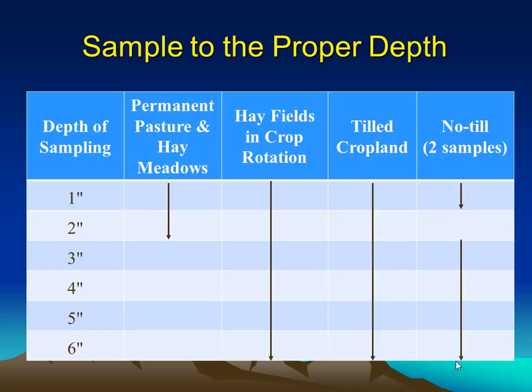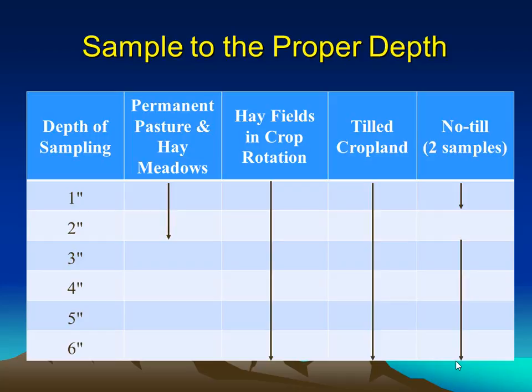Okay, how deep do we take it? If it's permanent pasture or permanent hay meadow, we recommend top 2 inches. If it's a hay field or crops in rotation, 6 inches. Any till crop, 6 inches, or 8, 6 to 8.